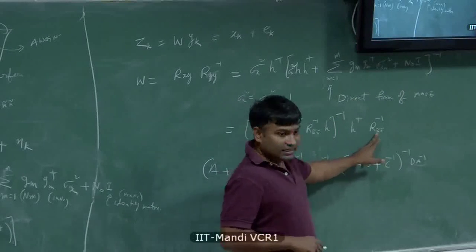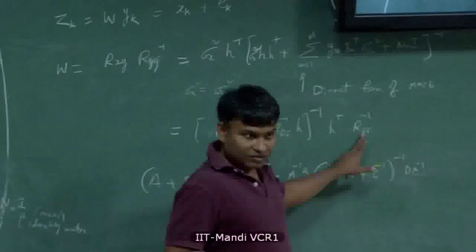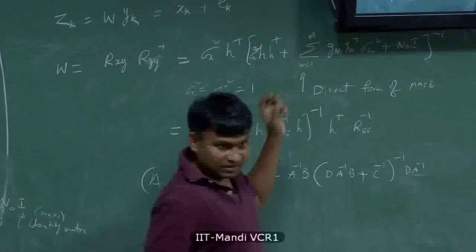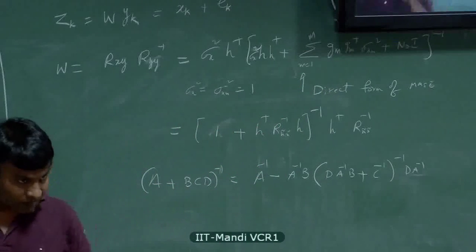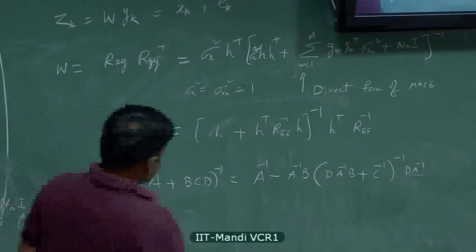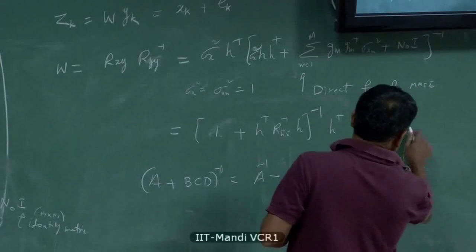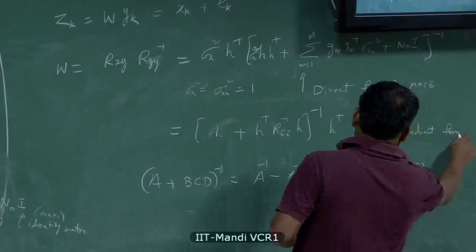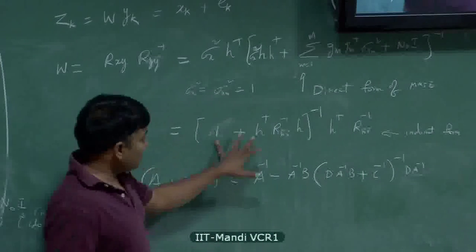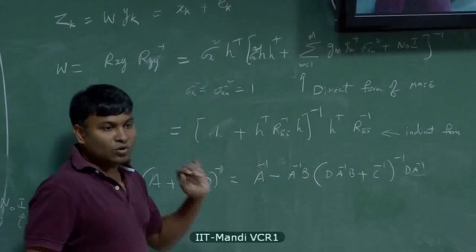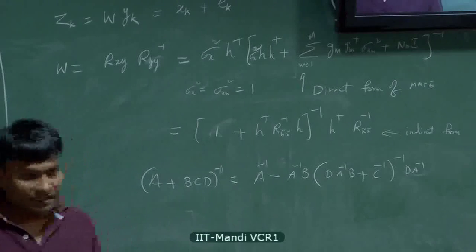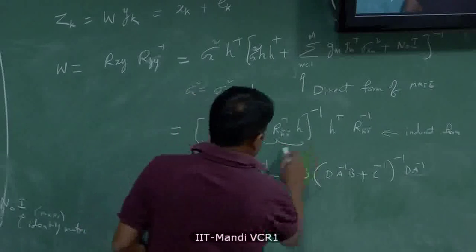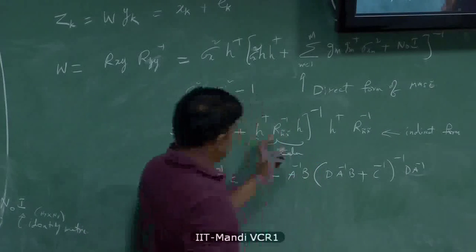But this matrix only contains Rn tilde, which you can estimate, whereas this contains both Rn tilde and the covariance of the desired signal. So this is called the indirect form of MMSE. And this is a scalar, and it has no role in dictating the performance of the receiver because it's a scaling constant. This whole thing is a scalar, so therefore 1 plus something is a scalar.